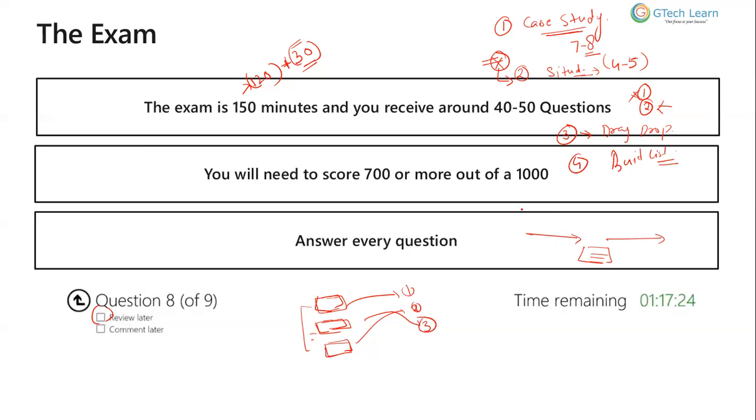Sometimes you are also going to see simulation based questions in your examination. What is that? In that type of question, you are going to see a problem scenario, and you have a sandbox virtual machine available with you, and you need to implement the solution on a practical basis.